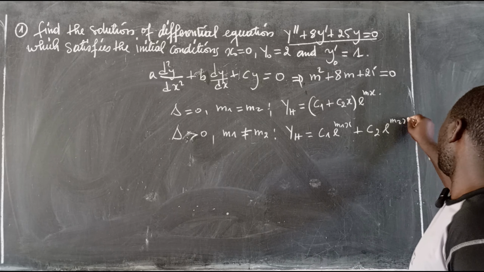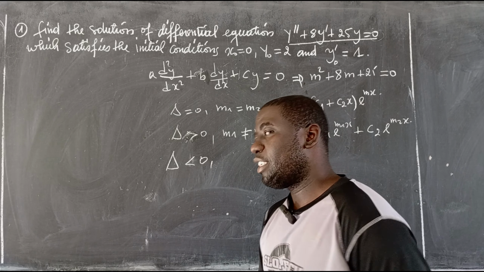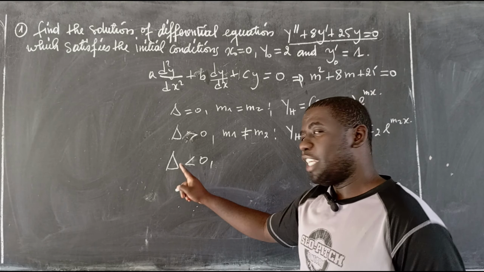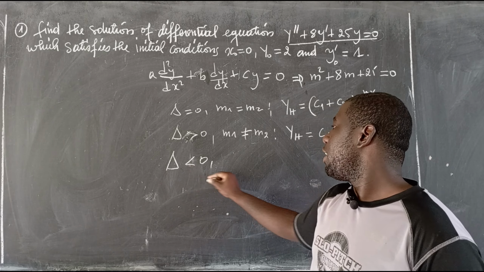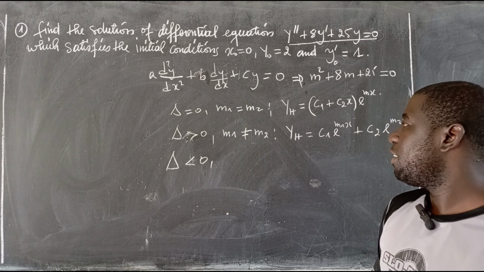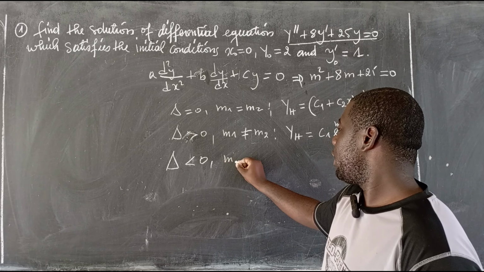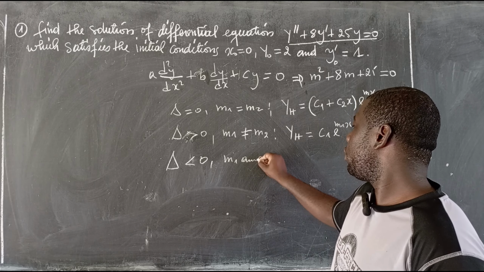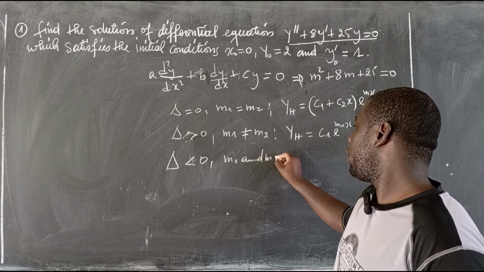If the determinant is less than 0, it means we have a negative here. In this case, M1 and M2 are complex roots: alpha plus or minus beta i.